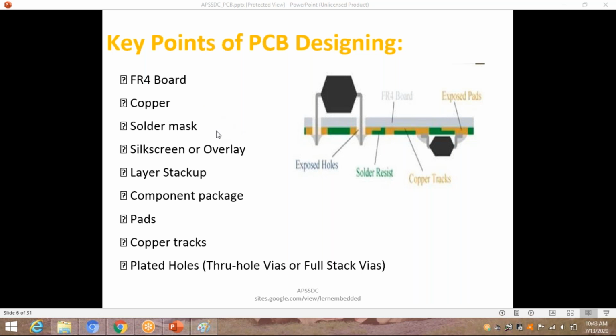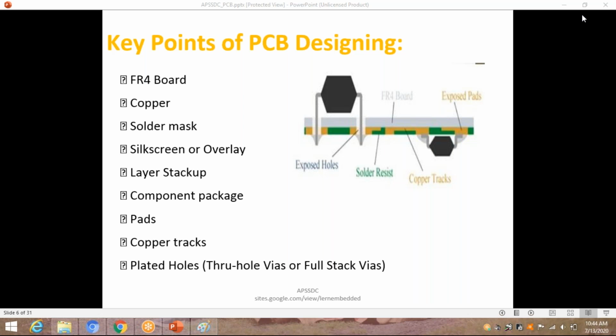Solder masking is nothing but, all of you have seen PCBs, right? Everyone has seen PCBs. Yes or no, guys? Yes, sir. Basically, without solder masking, all PCB boards will be in copper color only.